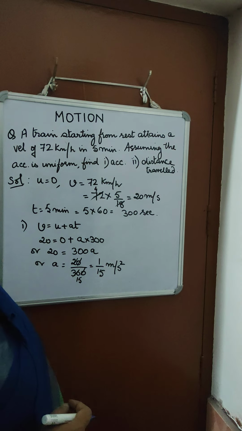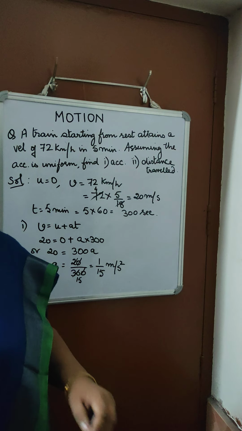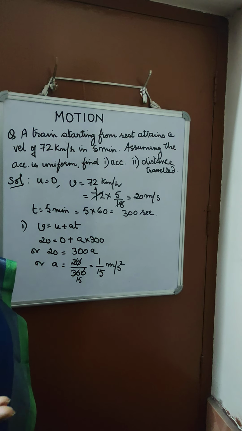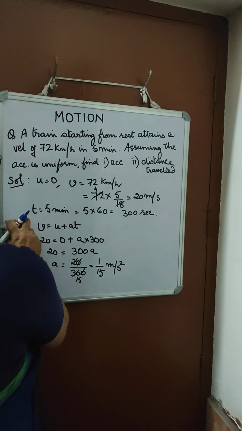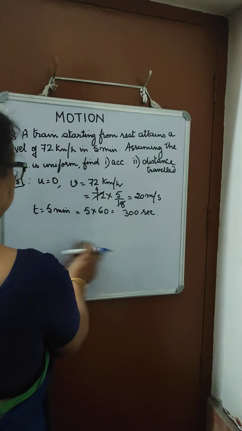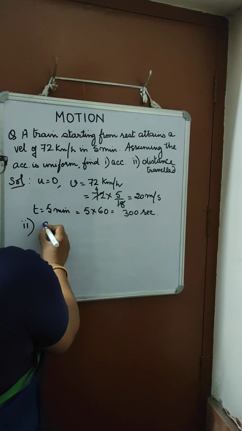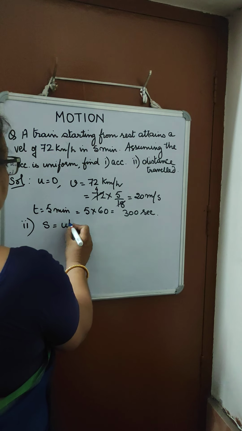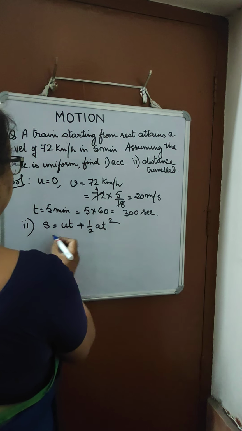Now we also need to find the distance traveled. How can we find the distance traveled? Again, we have three equations of motion. Acceleration is 1 by 15. Now for the second part, distance: S is equal to ut plus half at square.